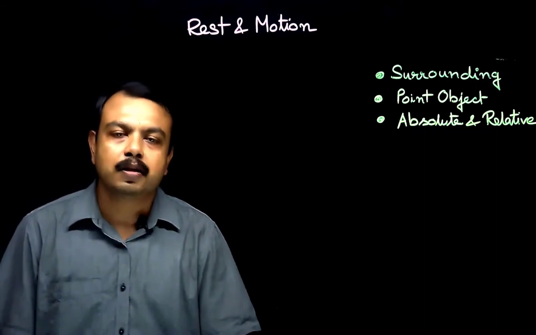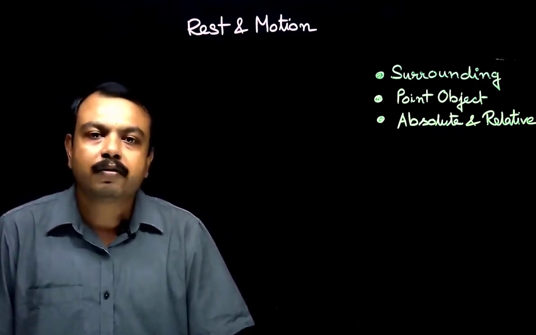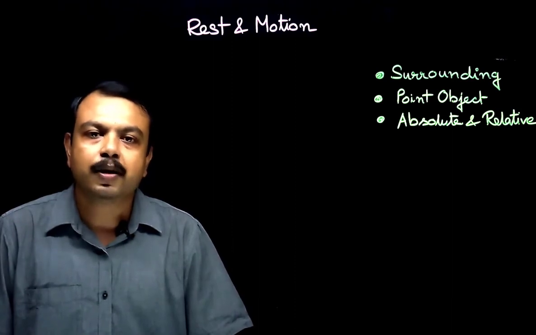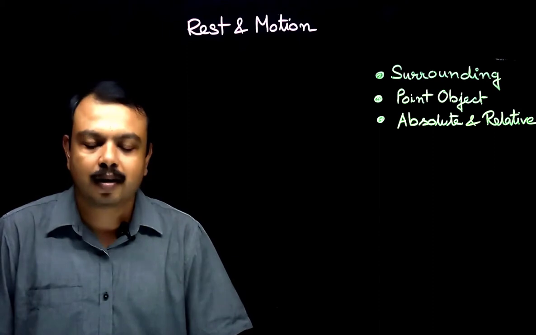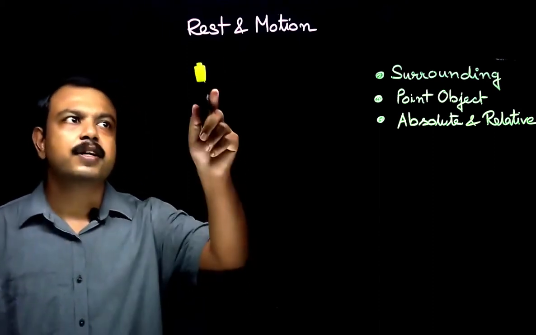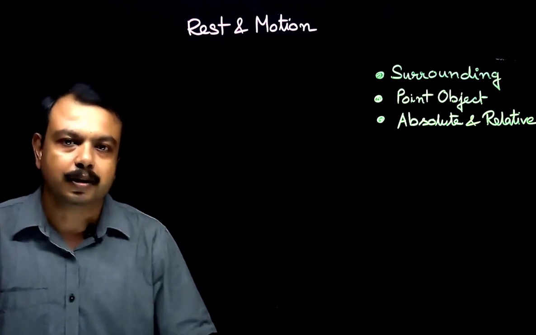Physics is a quantitative subject. It means we must develop the tools which will help us to quantify any observation. For this case of rest and motion, let us consider an example.